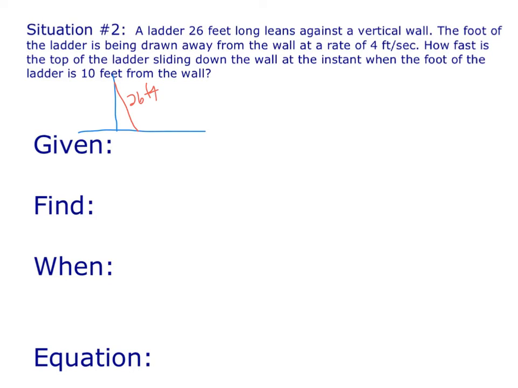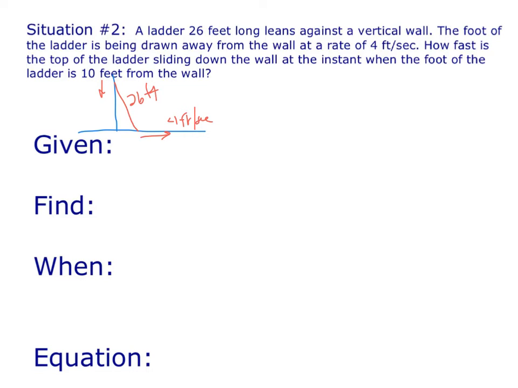The foot of the ladder is being drawn away from the wall at a rate of 4 feet per second. How fast is the top of the ladder sliding down the wall at the instant when the foot of the ladder is 10 feet from the wall? All right, so that's what we have going on here. We have 26 feet as the hypotenuse of that right triangle.